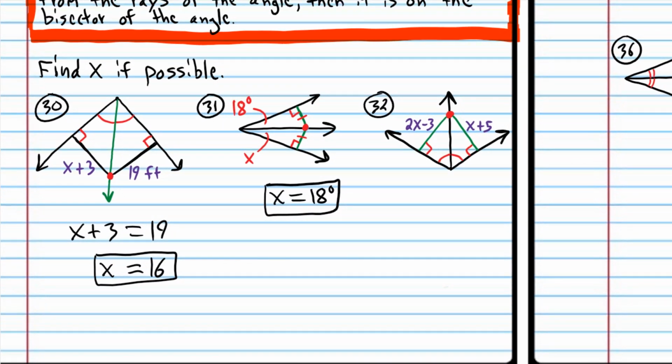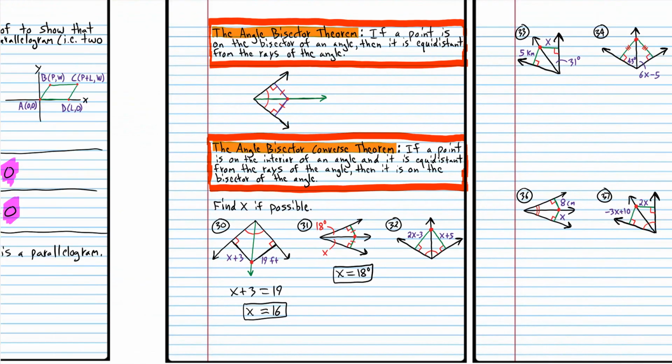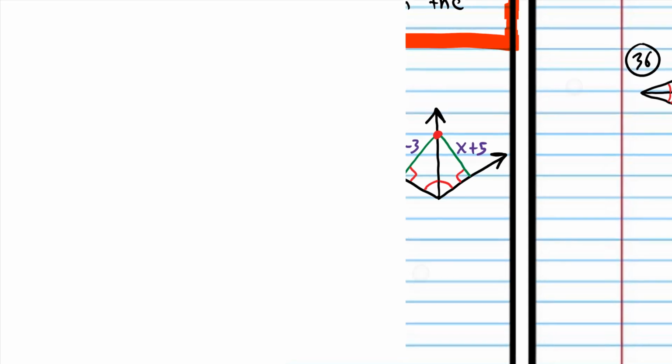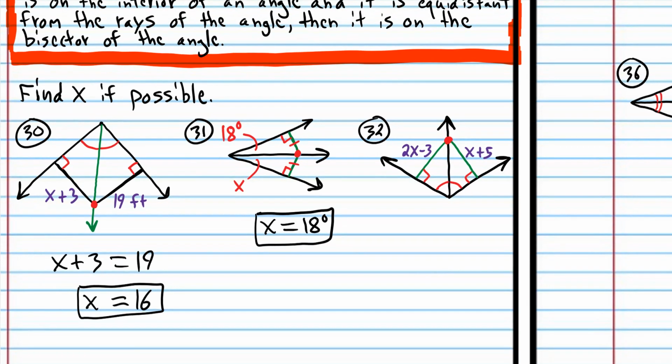Let's try 32 together. A couple more of these so you can get the hang of this. So we know that this is an angle bisector because this angle is equal to this angle. So therefore, by the angle bisector theorem, this point must be equidistant from the rays, and because we have 90-degree angles, we know that that's the shortest distance.